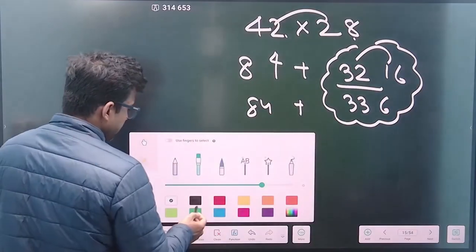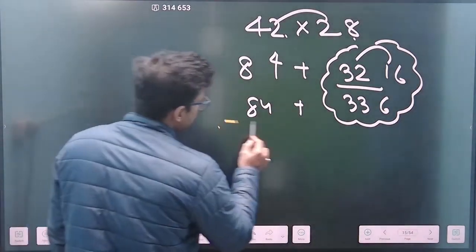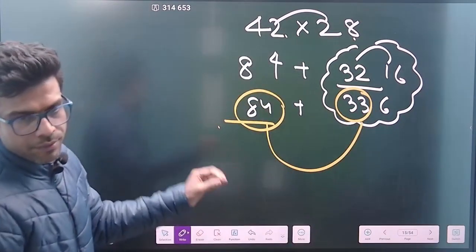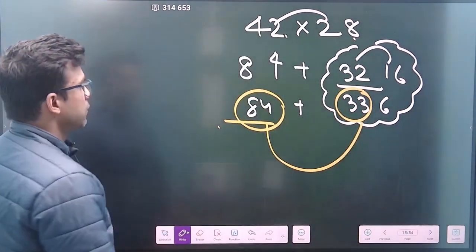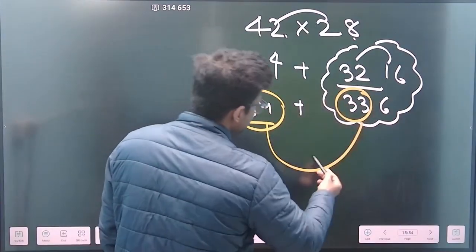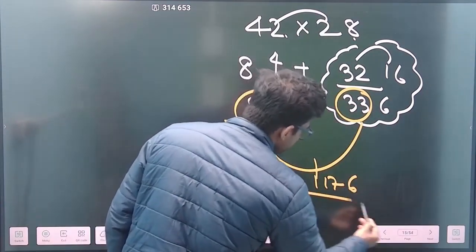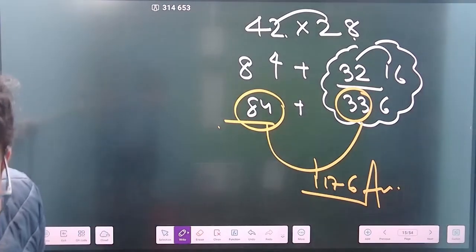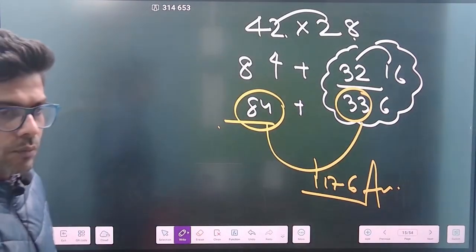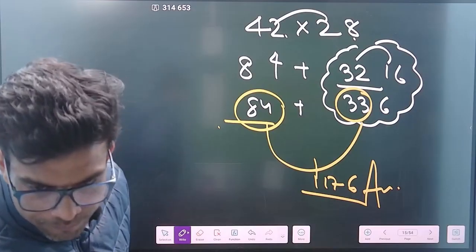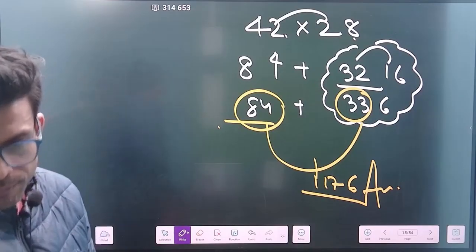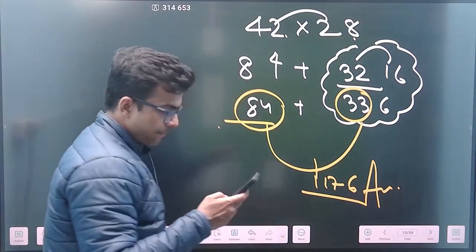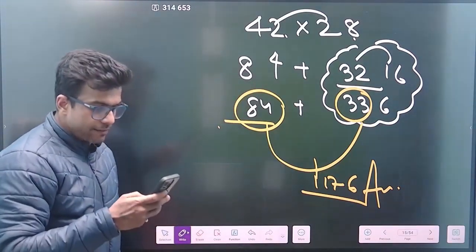Now, next step is that 84 plus 33 is what? It is 1176, my answer. Clear? Is this fine? Please confirm.